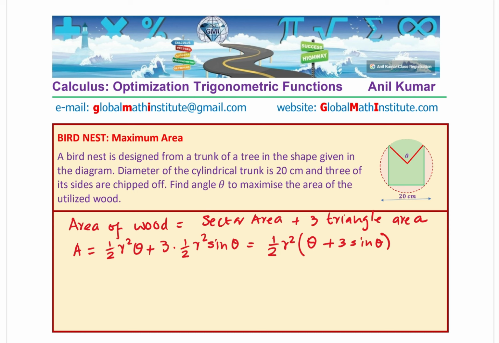Now in our case, we know that r is equal to 10, and therefore area is half of 10 square times theta plus 3 sine theta, which 10 square is 100, right?